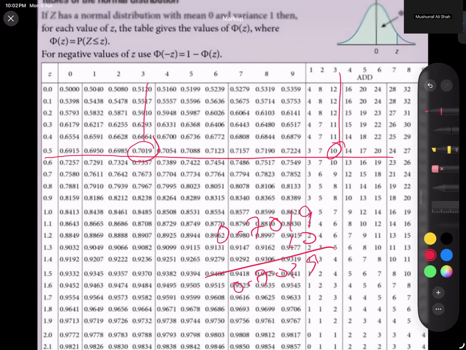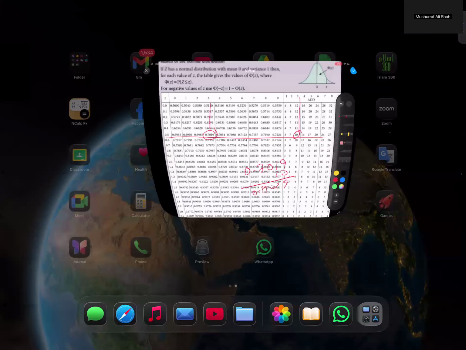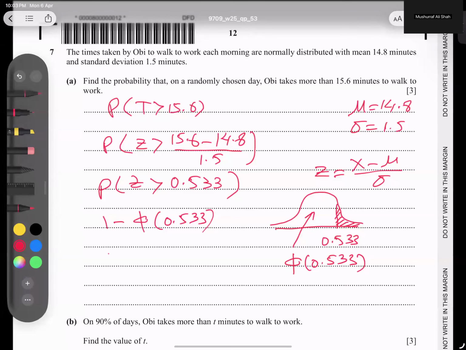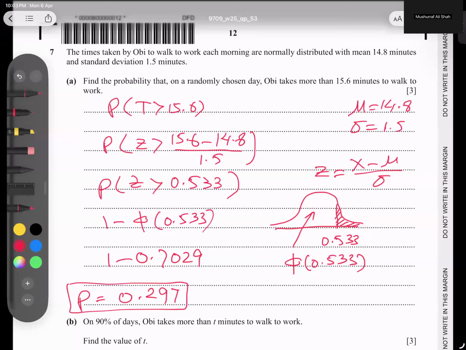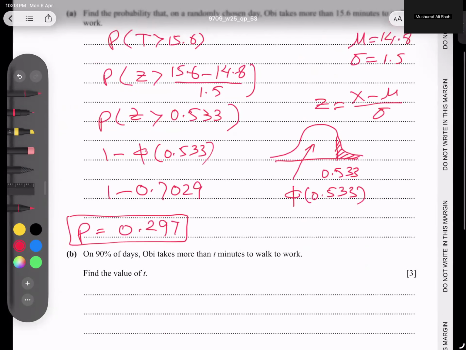Let me check again. Yes, 0.7029. So 1 minus 0.7029 is 0.2971. But we have to write 3 SF, so 0.297 is our final answer. So correct. Let's talk about the next part.